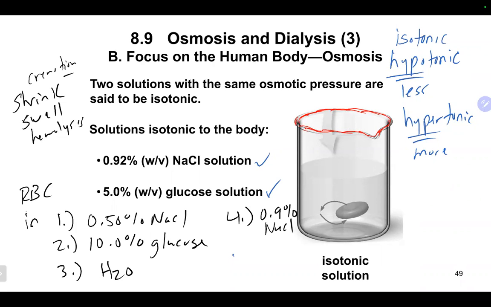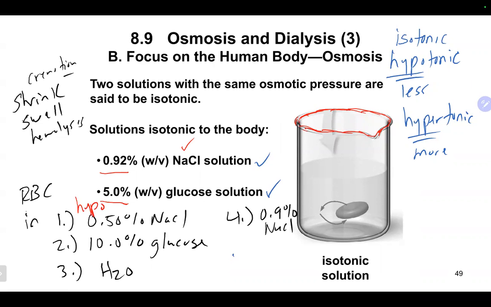Okay, let's take a look. At the first one, 0.5% sodium chloride: these are isotonic solutions, and for sodium chloride it needs to be really 0.9%. So it is as simple as 0.5 being less than 0.9, which means we are dealing with a hypotonic solution.